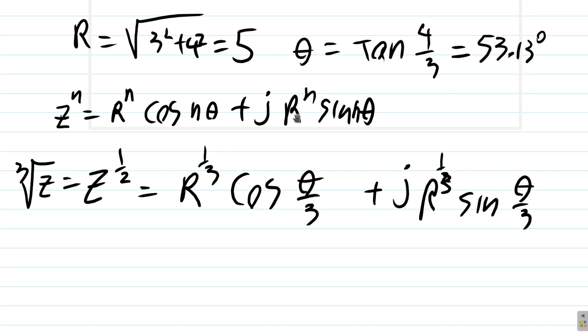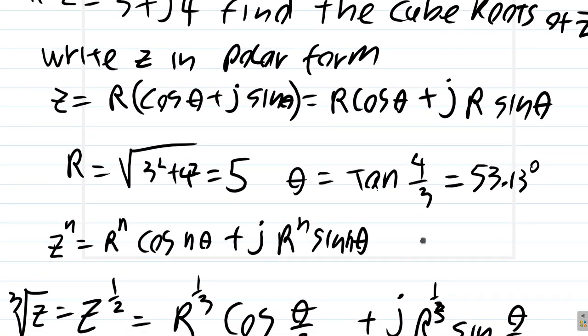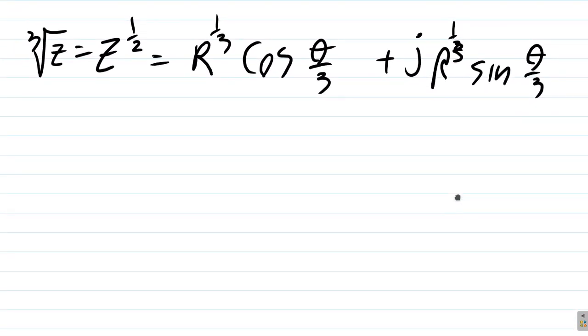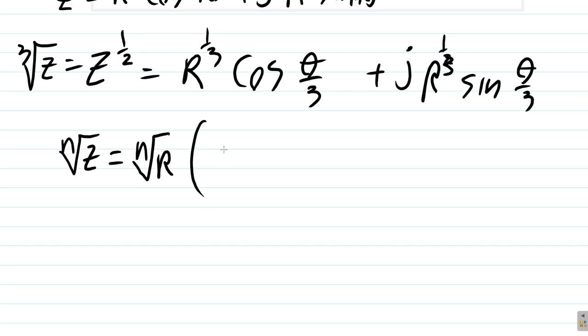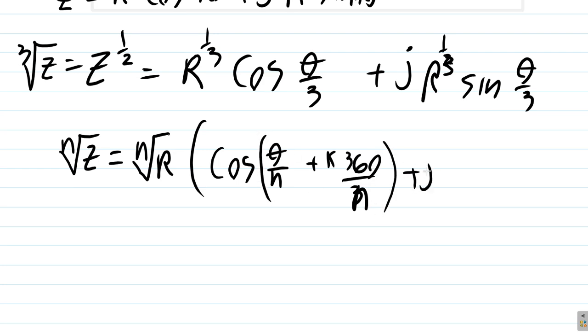You probably will see a formula somewhere that says that the nth root of z is equal to the nth root of r, cos of theta over n plus k 360 over n, plus j sine of theta over n plus k 360 over n.